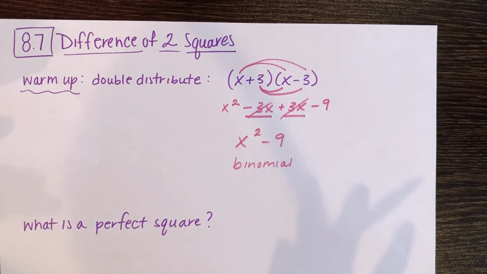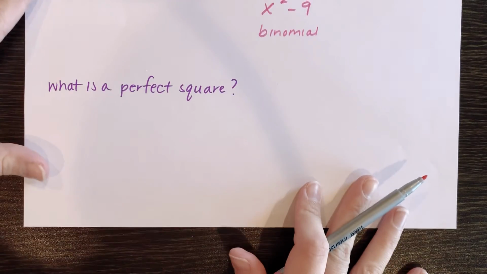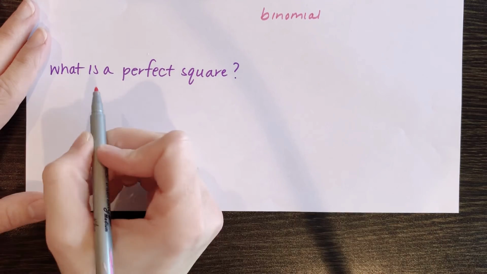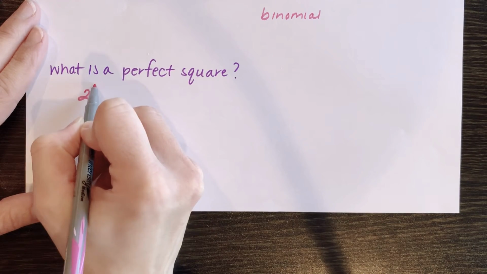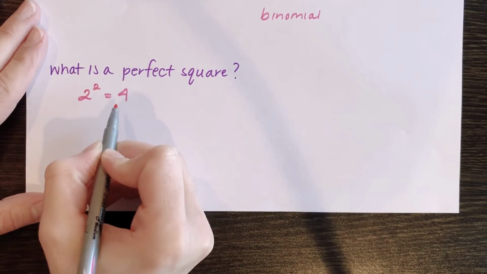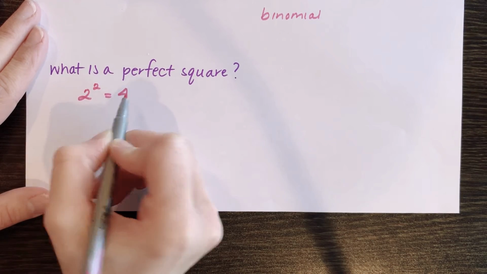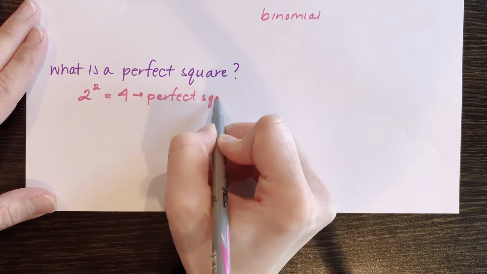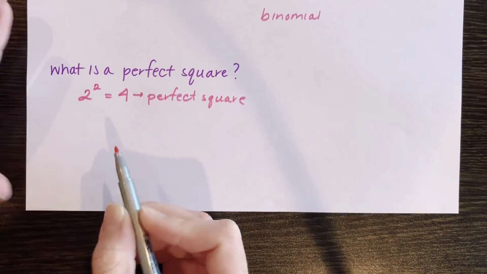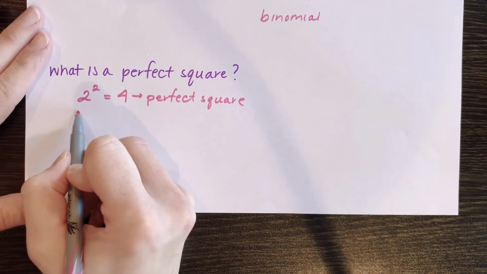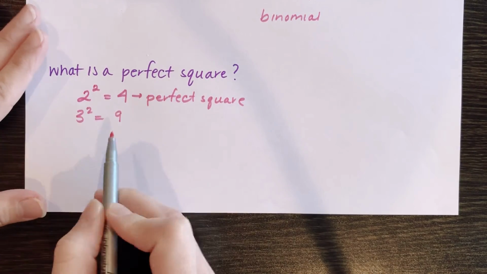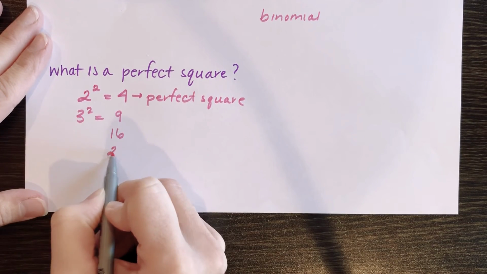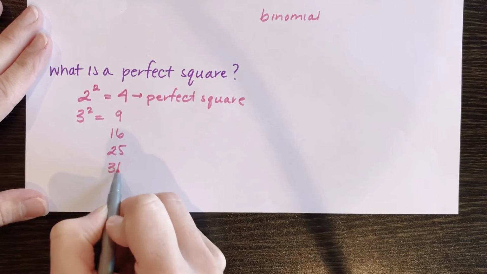So before we do that, we want to make sure that we understand what perfect squares are and what makes a number a perfect square. So if I take a number like 2 and I square it, I get 4. That means 4 is a perfect square because it was generated by squaring something. So if I run through and go over what those perfect square values are, 9 is a perfect square, 16, 25, 36.